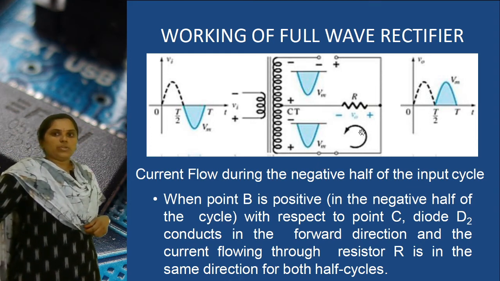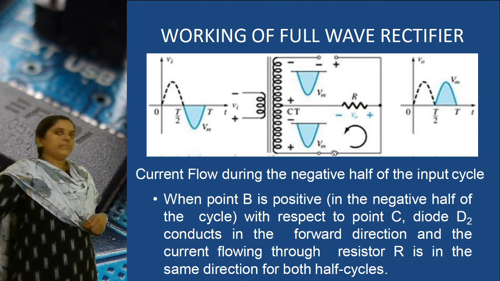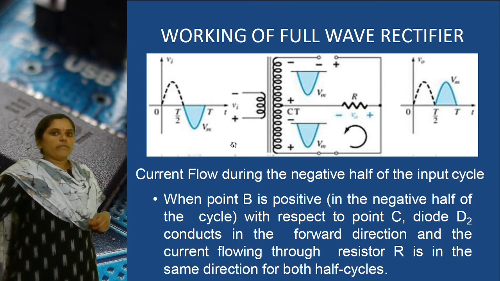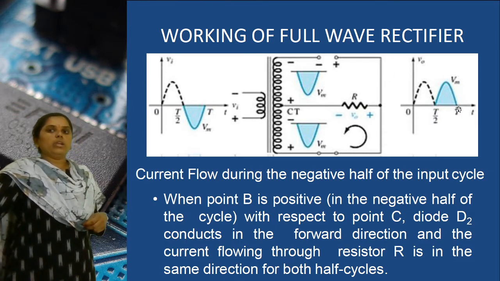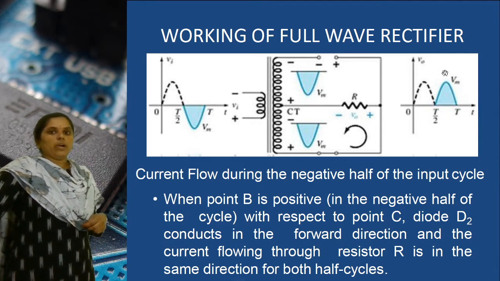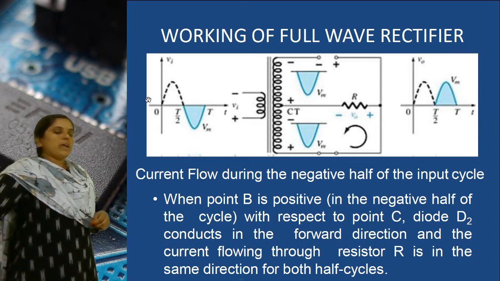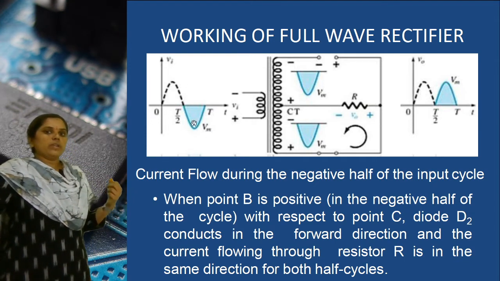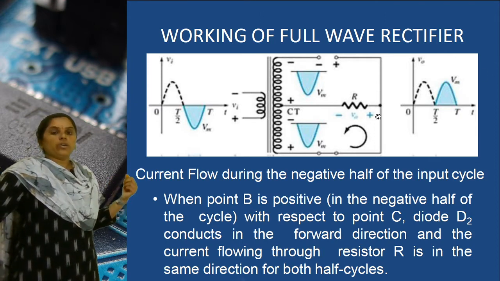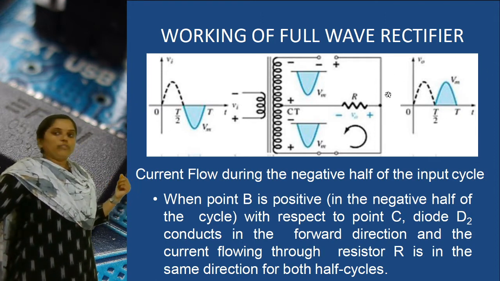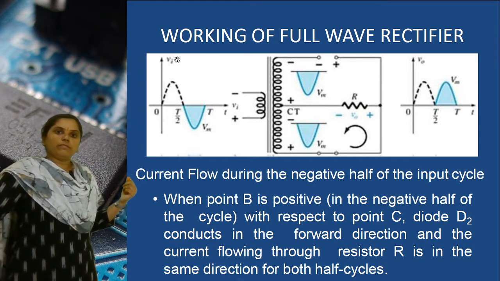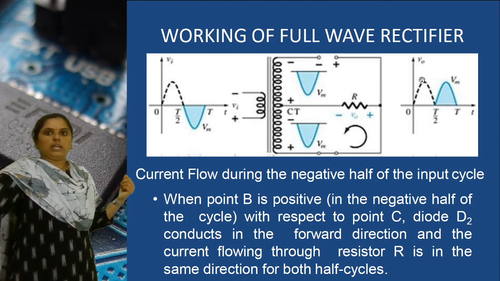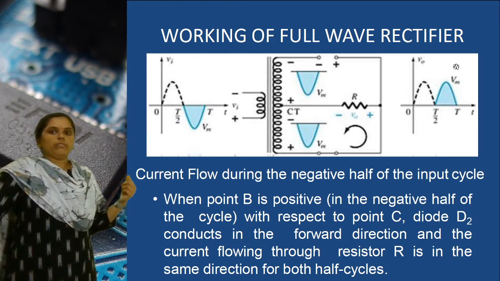So this shows the current flow direction. Then we will get the positive half cycle only. So when we are applying the negative half cycle, we still get the positive half cycle. In the full wave rectifier, when we apply both signals, the positive half cycle gives output and the negative half cycle also gives output. So here we get the full cycle in the output of the full wave rectifier.